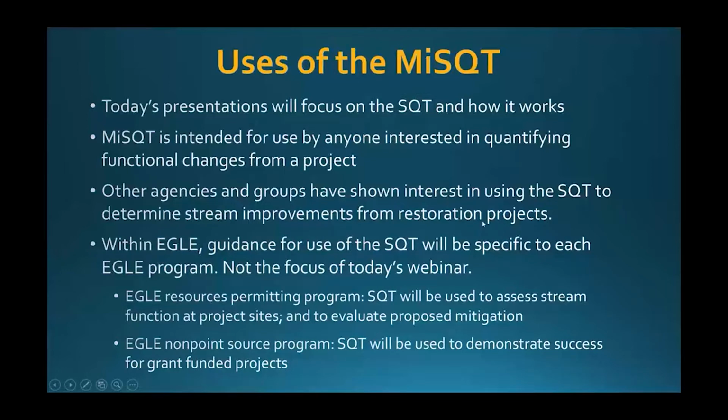But briefly, the Resources Permitting Program is planning to use the SQT to assess stream function at project sites, and then also use it to evaluate proposed mitigation. And the non-point source program would like to use the SQT to demonstrate success for their grant-funded projects.